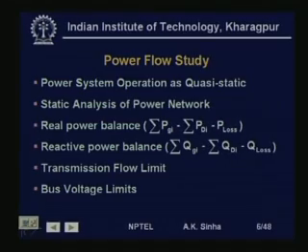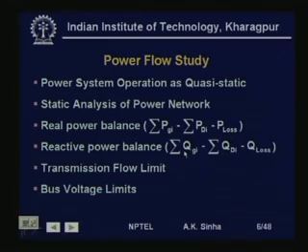We use the equations as real power balance at each bus, that is, the sum of the total generation in the network is equal to the demand plus the losses, that is sigma Pgi minus sigma Pdi, this is the demand, and minus P loss, the losses in the transmission system. This must be valid for the network.